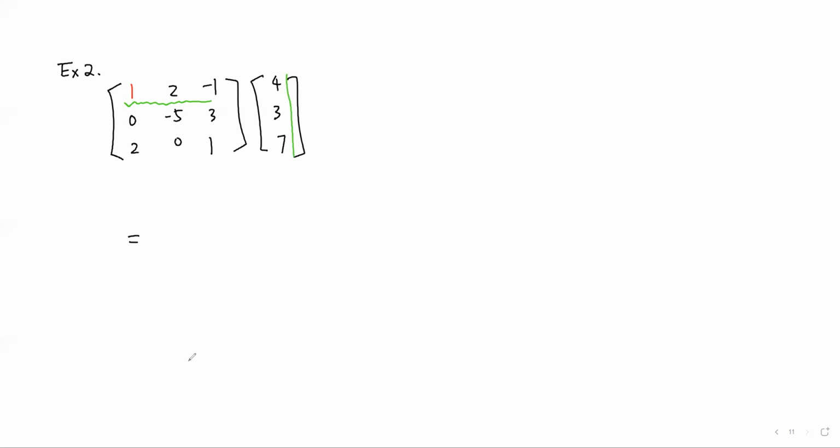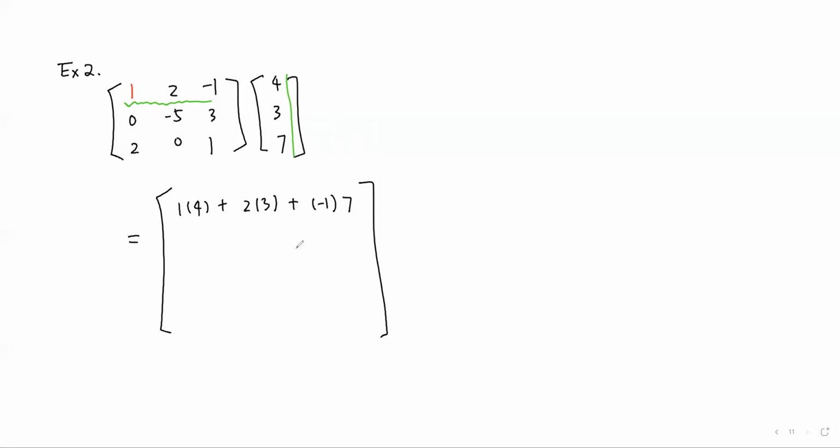That means first entry times first entry, 1 times 4, plus second entry times second entry, 2 times 3, plus third entry, negative 1 times 7. A times V is a vector, and the first entry of the vector is this number.